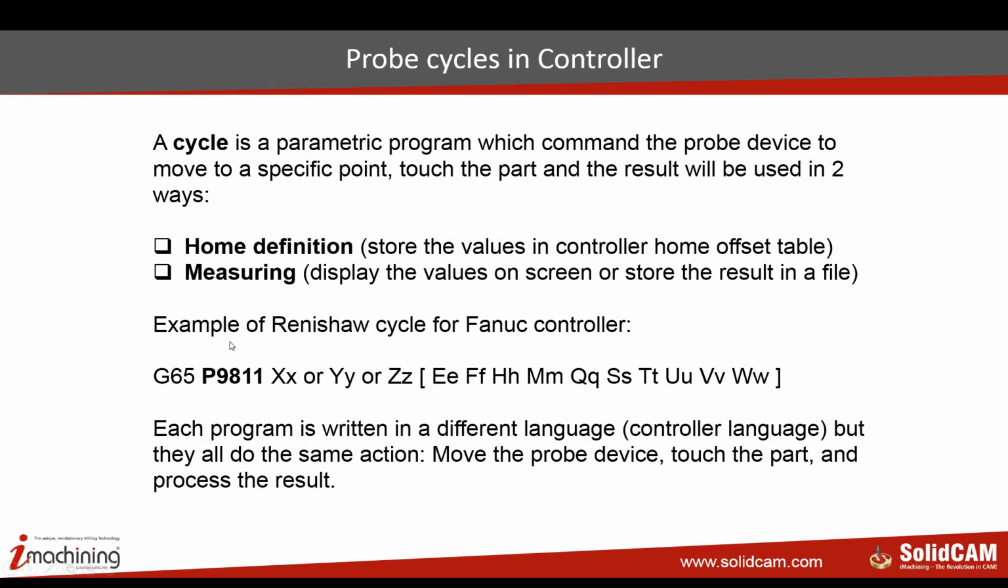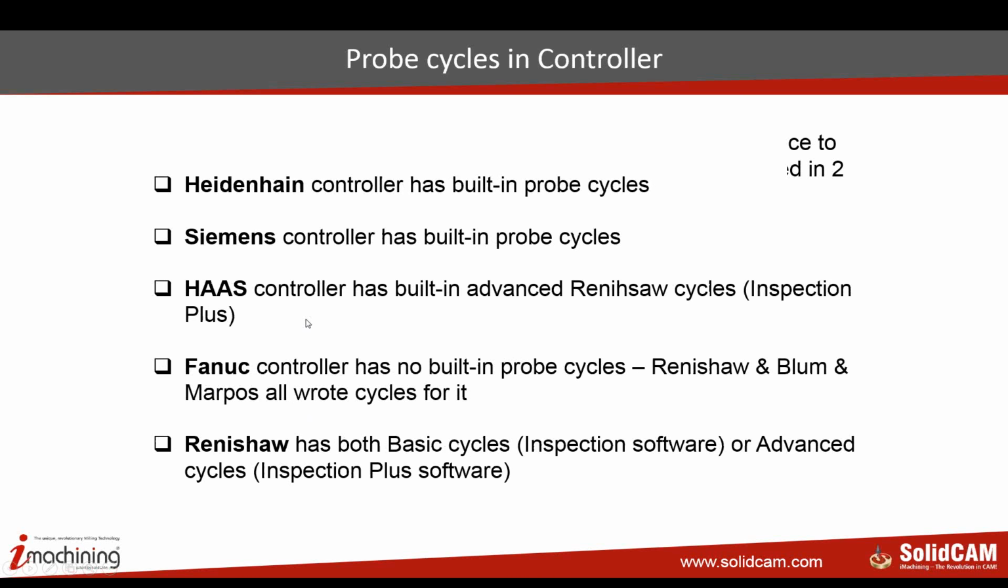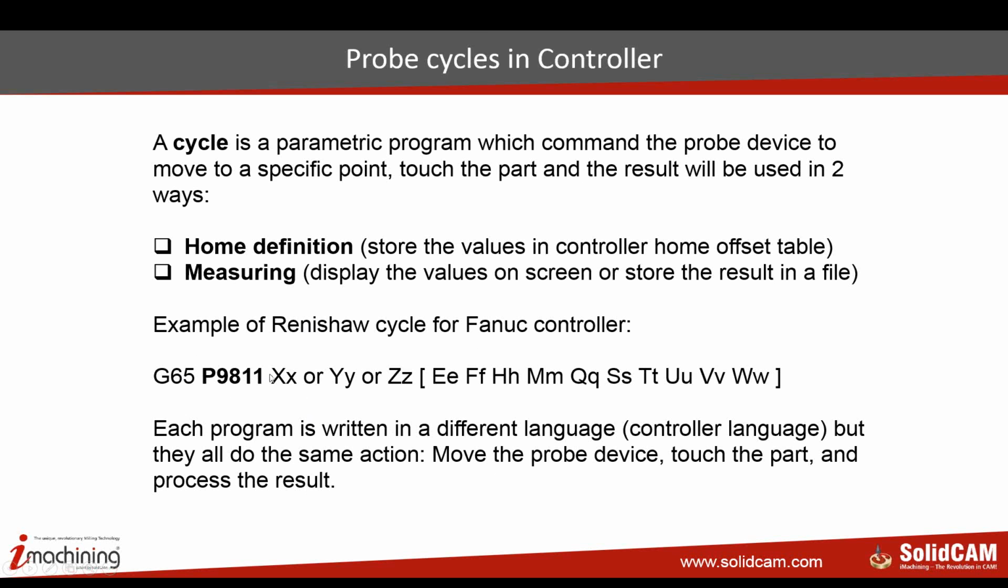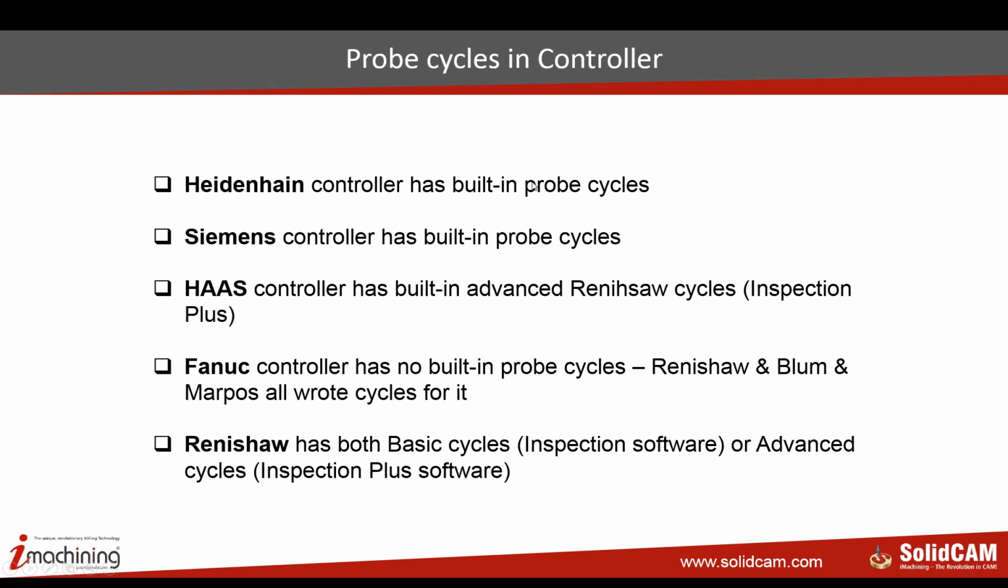Here we have an example of the Renishaw cycle format. It's a call to a subprogram, 9811, and additional parameters. Heidenhain, as I said, there are controllers with built-in cycles. Siemens also has built-in cycles. Haas doesn't have them, but they work very closely with Renishaw, and on each machine you will find the Inspection Plus software installed.